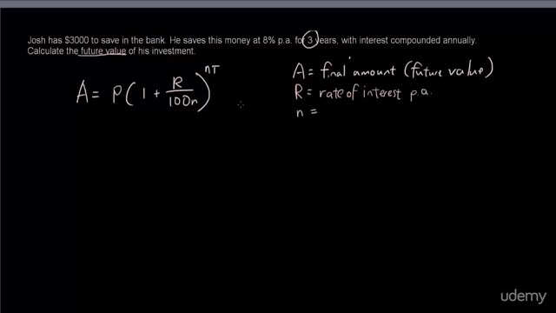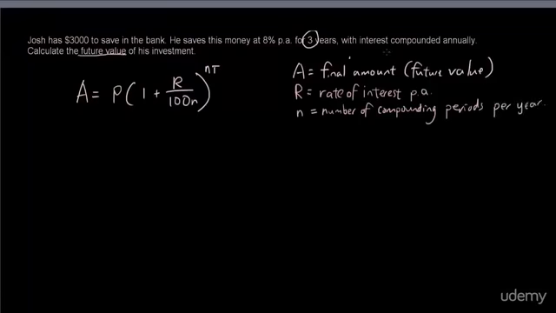N wasn't in our simple interest formula, so N is the variable that we use to state the number of compounding periods per year.